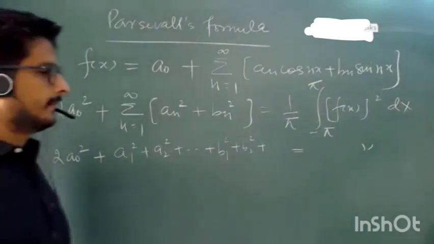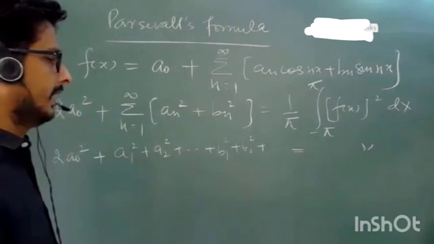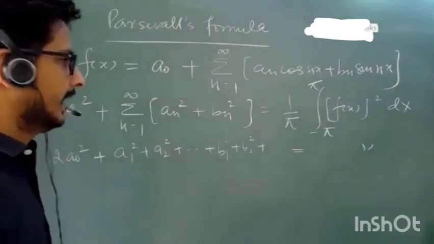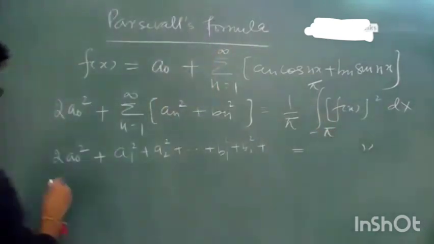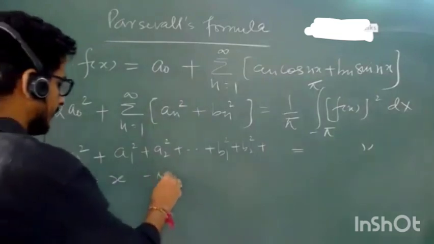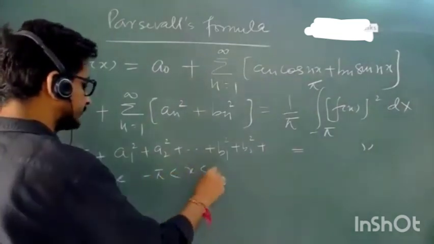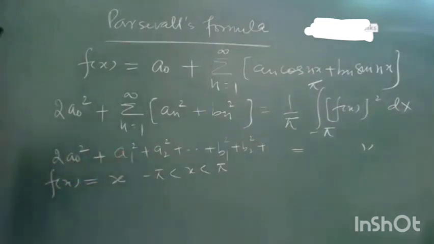So you can take any question in which f(x) is given, and on this side just take the square of that. So suppose I take one. Suppose I take a very simple function f(x) is equal to x between minus pi to pi. Okay, so I apply this Parseval's, so this will not be there.